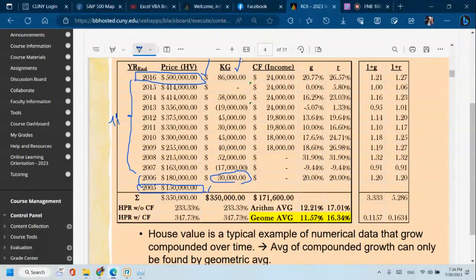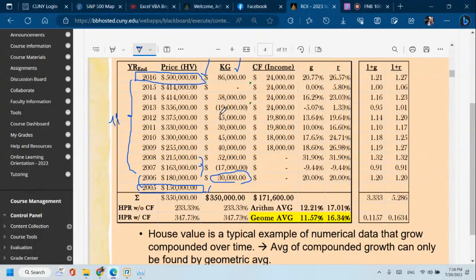That's capital gain. And then between these 2 years, actually it dropped. And then between these 2 years, it went up like this.